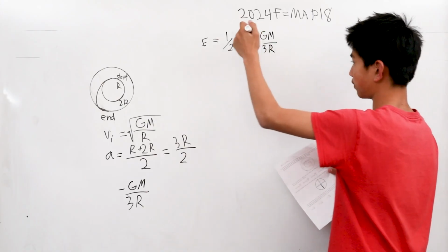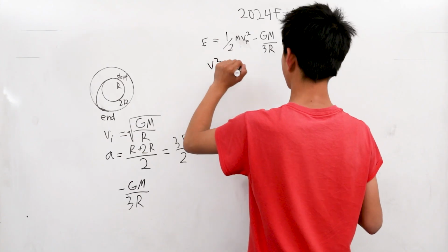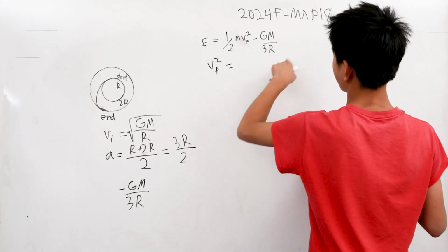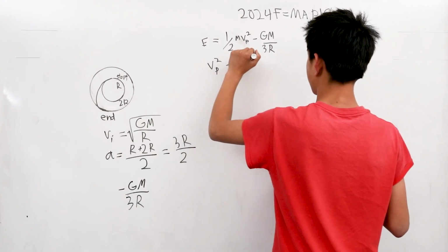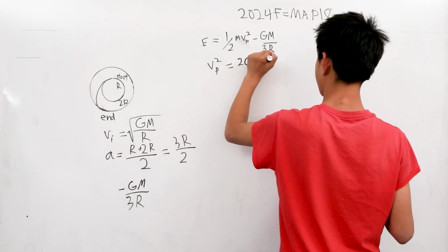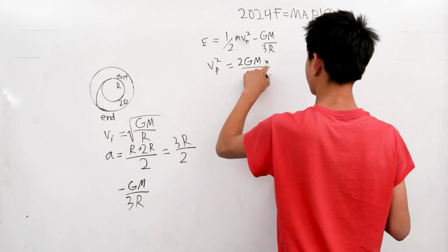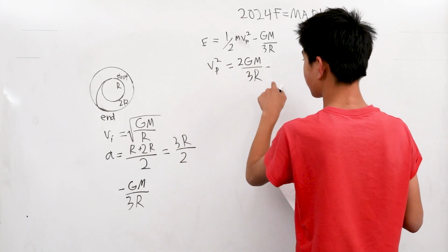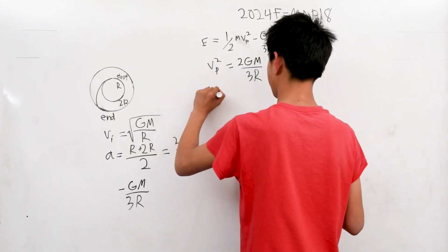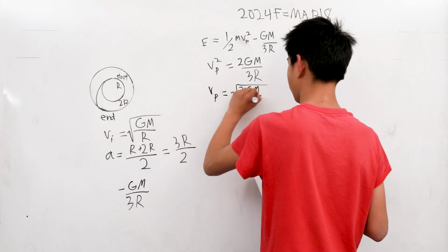Since you want to solve for v_p, v_p squared equals 2GM over 3r, since you're dividing the mass out. Then you take the square root, so v_p simply is the square root of 2GM over 3r.